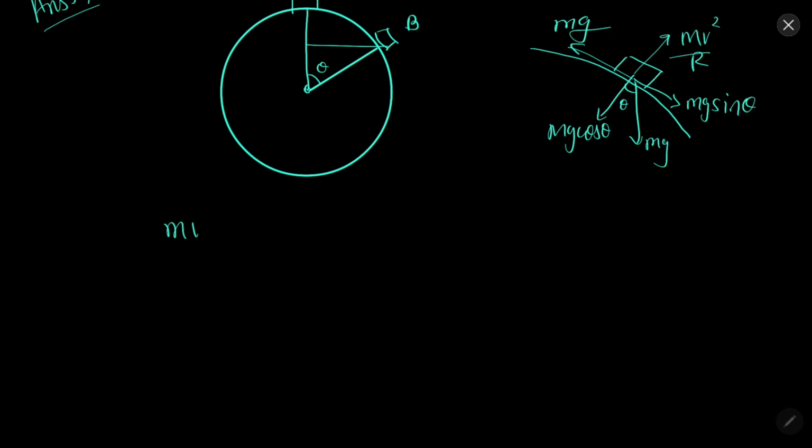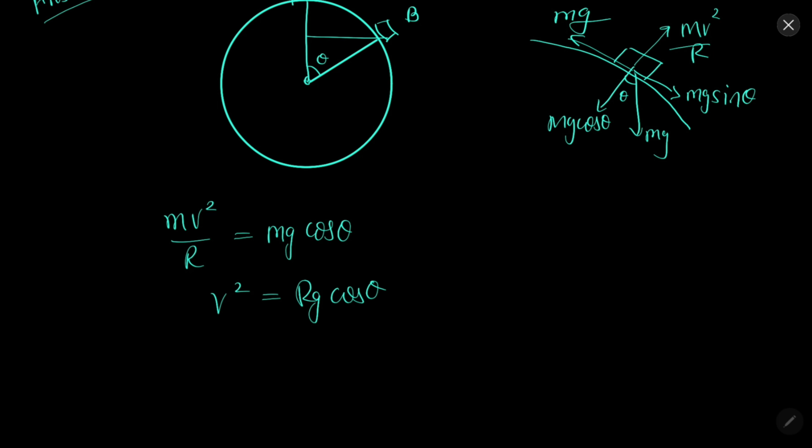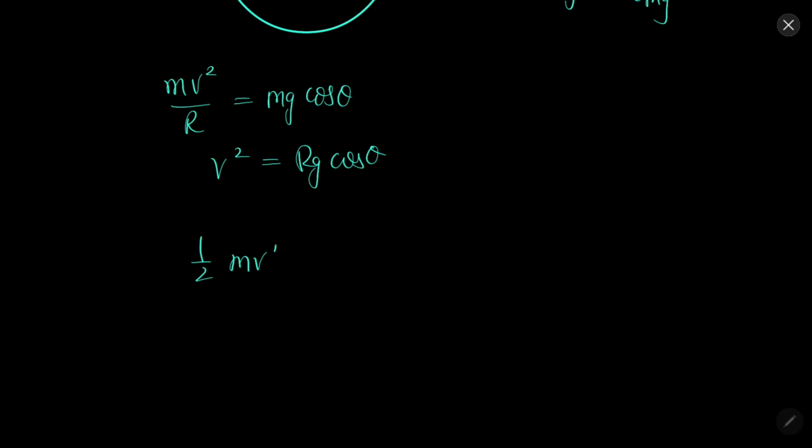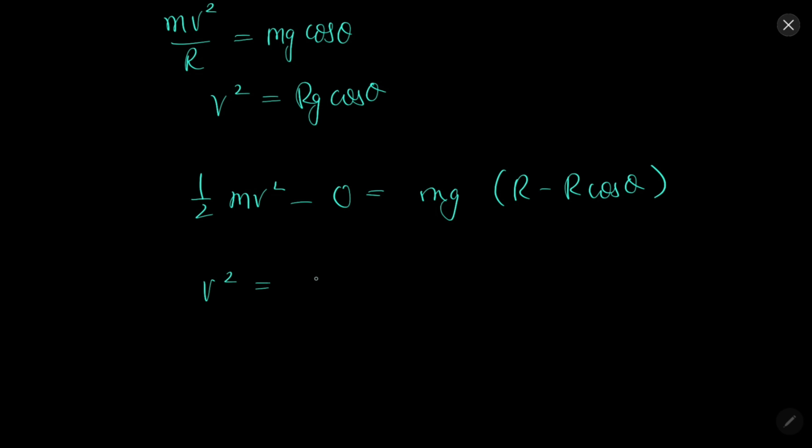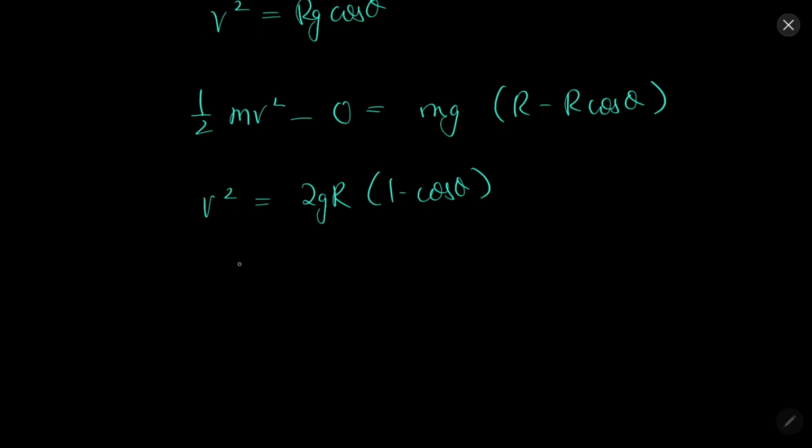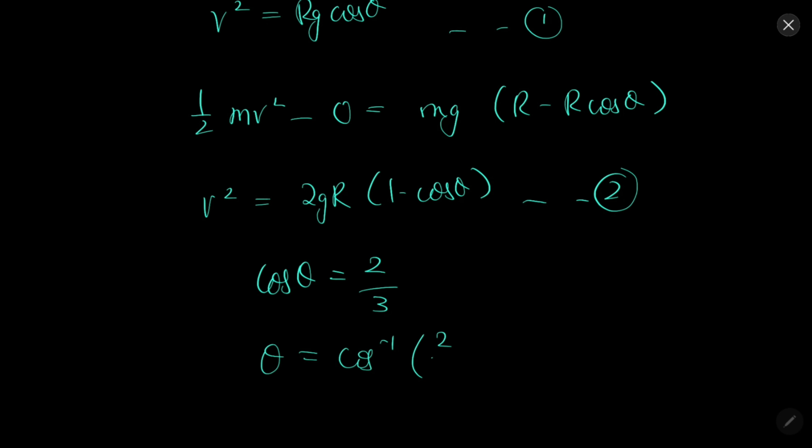So from this mv square over r equals mg cos theta, v square will be rg cos theta, and by the work energy theorem half mv square minus 0 equals mg(r minus r cos theta). So v square equals 2gr(1 minus cos theta). So from these two equations we will find that cos theta is 2 over 3, theta is cos inverse 2 over 3.